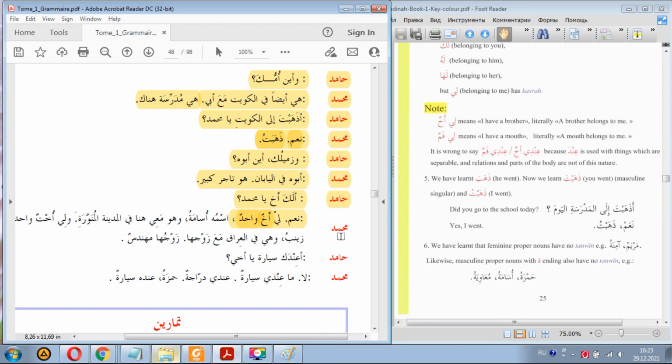That's what Muhammad says. Ismuhu Usamatu, his name is Usama. وهو معي هنا في المدينة المنورة, and he is with me here in the luminous Medina.